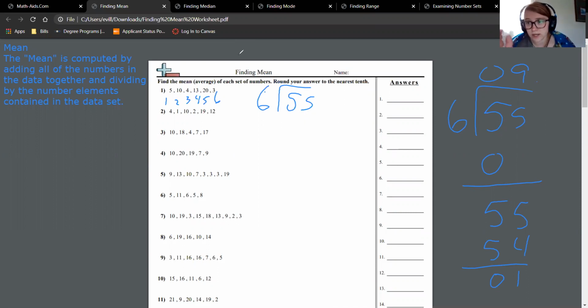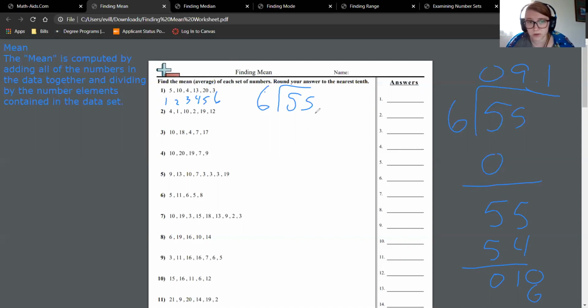So this is going to have a remainder. So you just kind of extend onto it, but with your decimal. So we bring down an imaginary 0. 6 goes into 10 one time. 6 times 1 is 6.